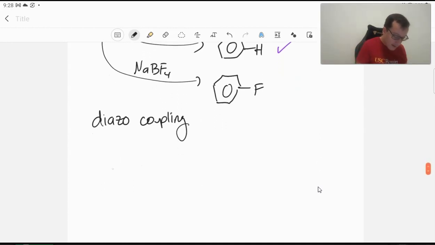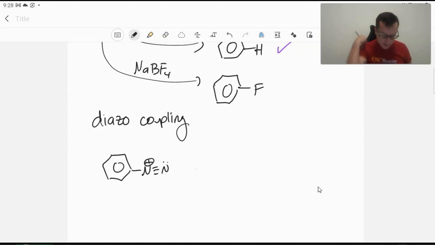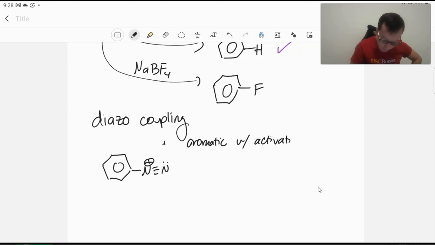If you take an aryl diazonium species, oops, the plus there, and if you put it with another aromatic, with some sort of activating group, you will end up coupling them together, which is pretty interesting.